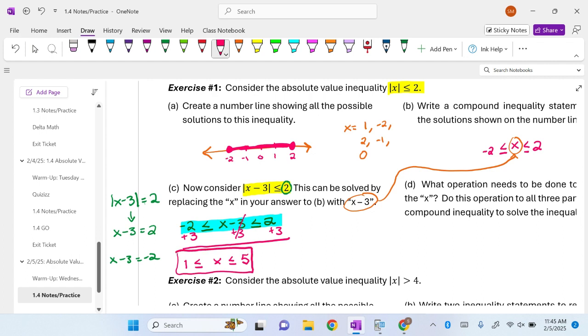That's how you would write it. 1 is less than or equal to x, which is less than or equal to 5. And again, if we stated that in words, we're saying that x is between or equal to 1 and 5. So in other words, x can be between or equal to 1 and 5 in order for it to work.